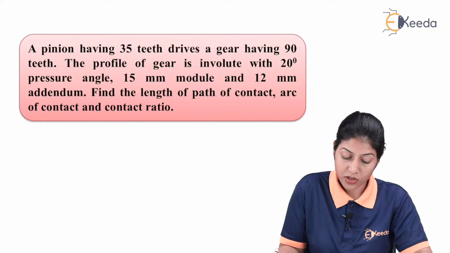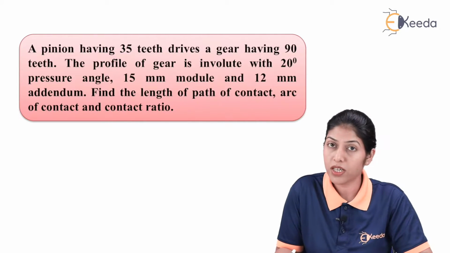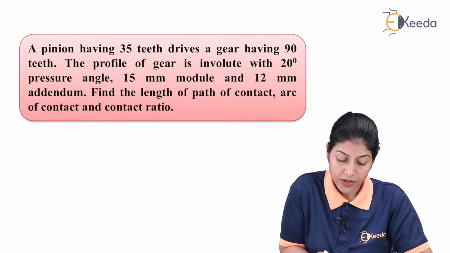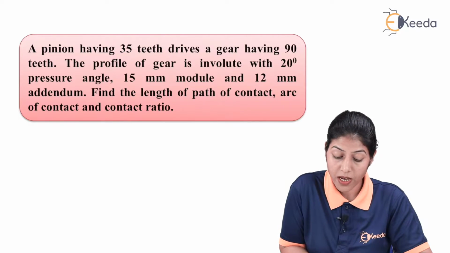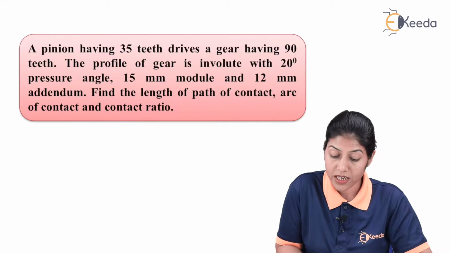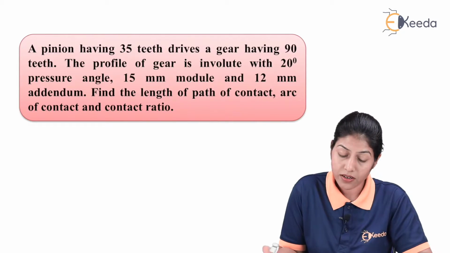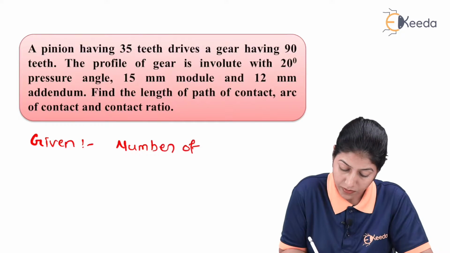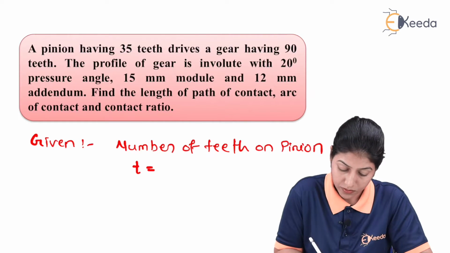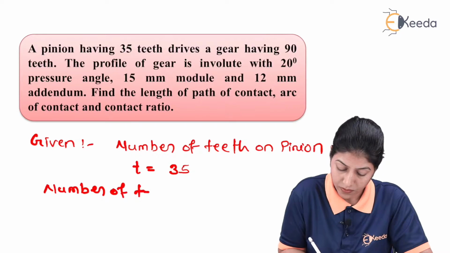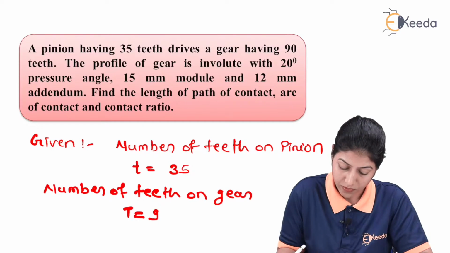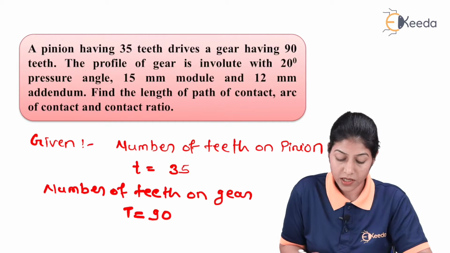So here let's read the numerical again, and here we will write down the given values. It is given here a pinion having 35 teeth and it drives the gear having 90 teeth. So pinion is the driving gear. So number of teeth on the pinion is 35, and number of teeth on the gear is 90.